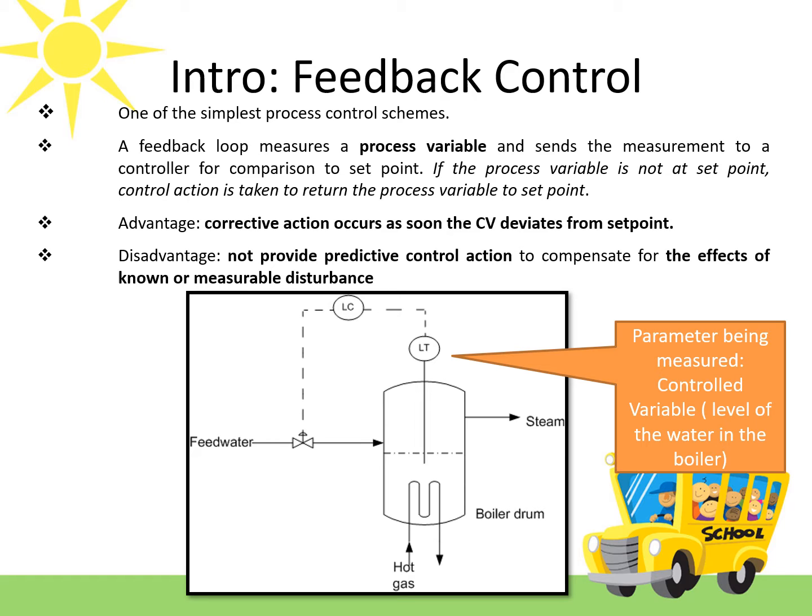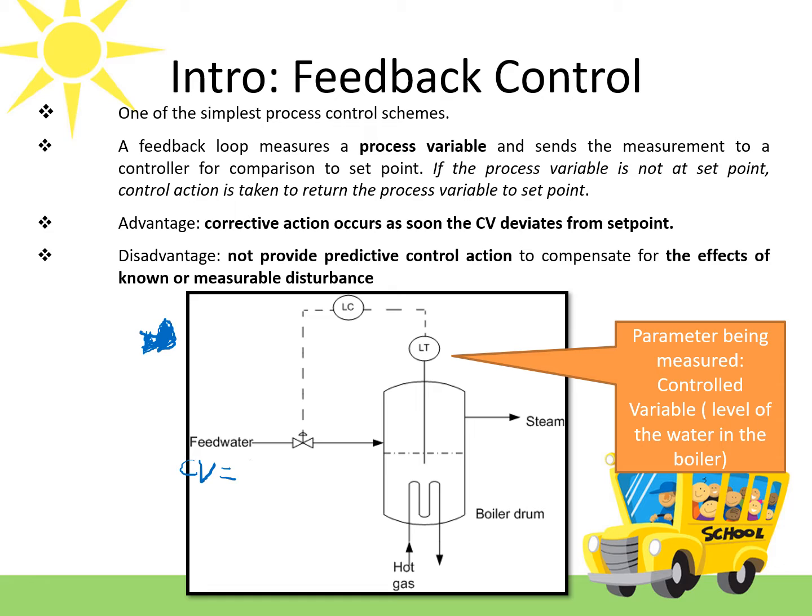Alright, now let's take a look at this diagram. Can you tell me what is the type of control used here? Is this a feedback or feed-forward control? As you can see, this is a boiler drum, and the control objective here is to control the liquid level in a boiler drum, meaning that you want to control the water level. So your control variable is what?